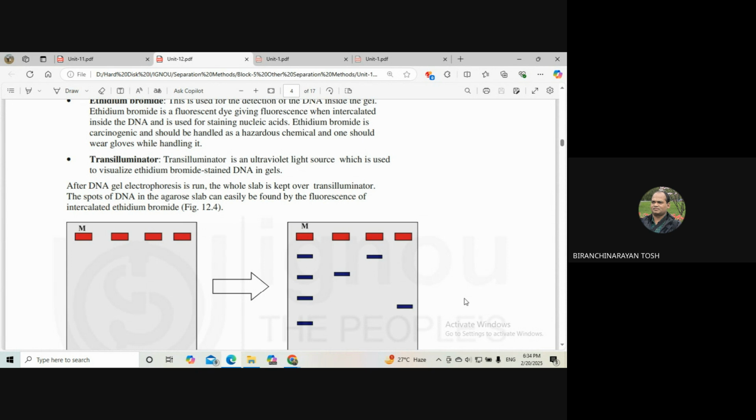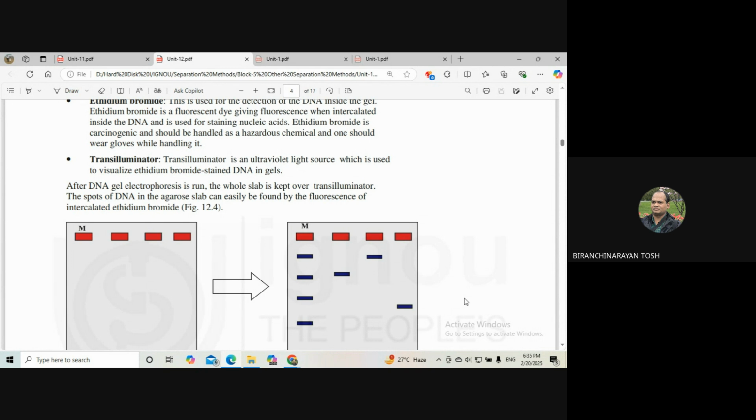The components of the loading buffer are glycerol and dye. Glycerol helps the sample go into the sample wells, and the dyes help visual monitoring of the sample and the extent to which electrophoresis has proceeded.